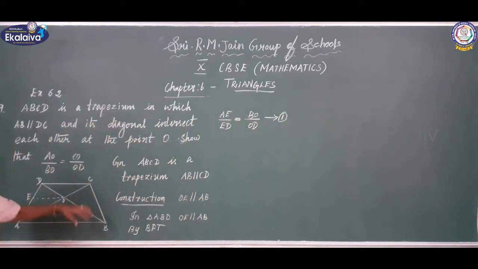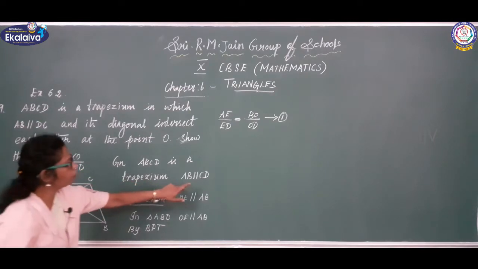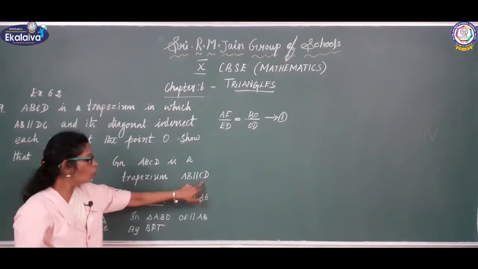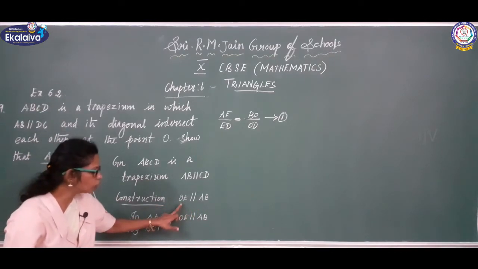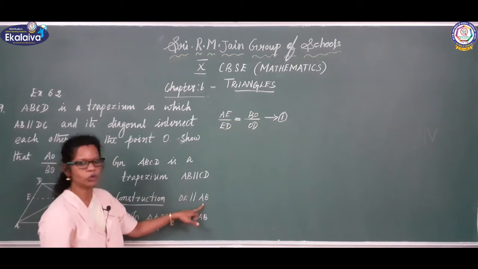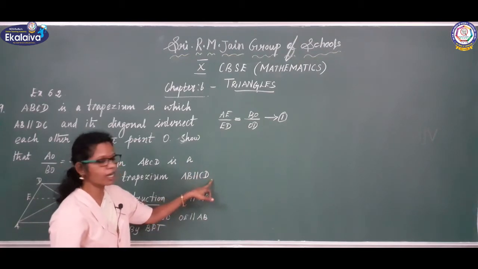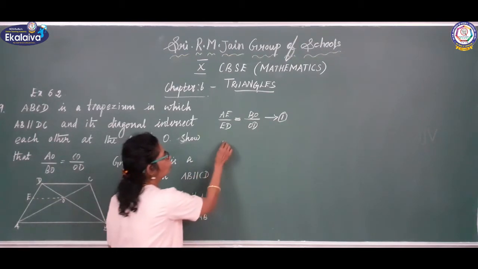See here, already it is given as AB parallel to CD. What we did here, OE parallel to AB. Now you should combine this: OE parallel to AB, AB parallel to CD, right?